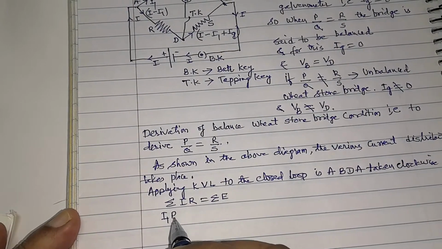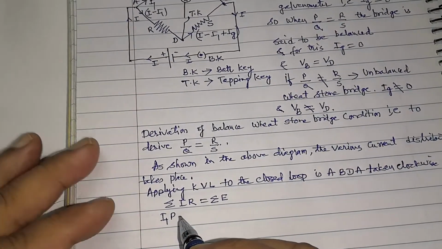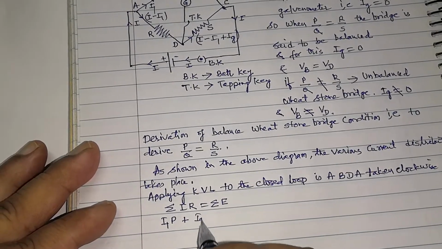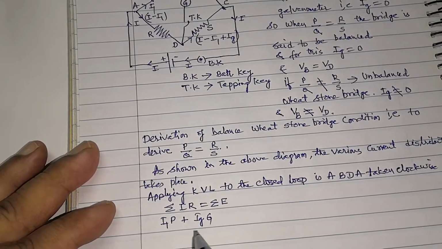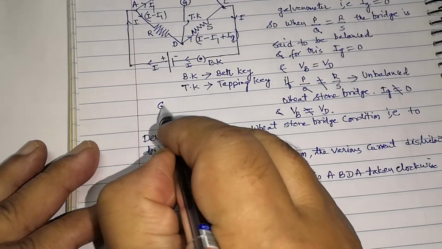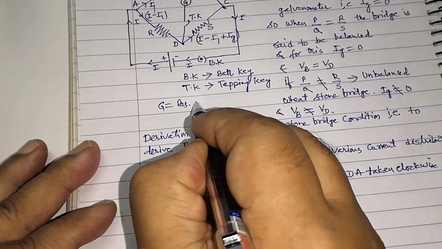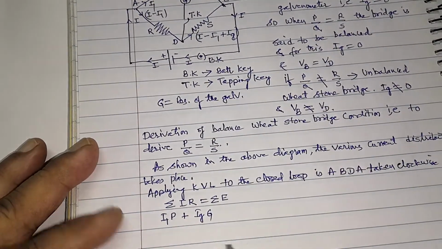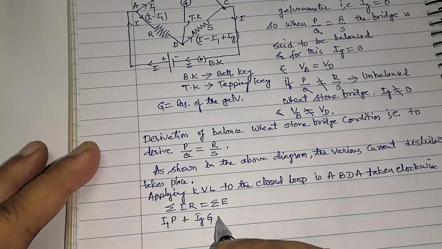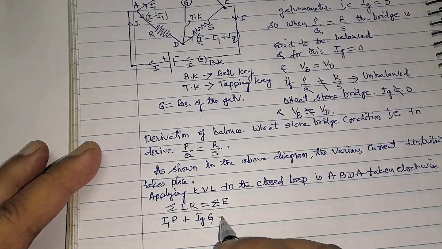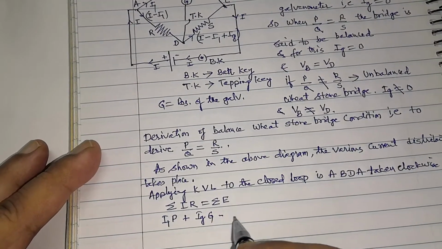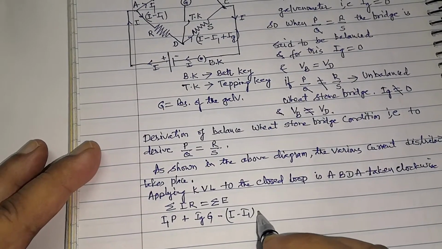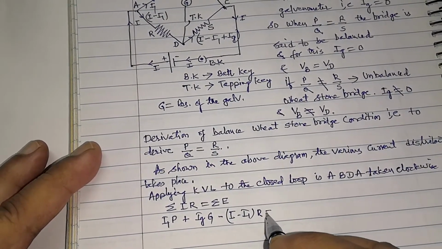So we find that I1P, the product is positive, taken in the direction of the current, plus IgG, where capital G is the resistance of the galvanometer, minus, now we are proceeding in the direction against the current, so it is I minus I1 R, equal to the sum of the EMF.